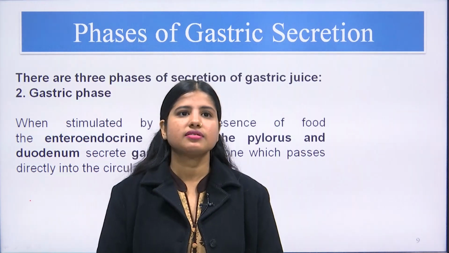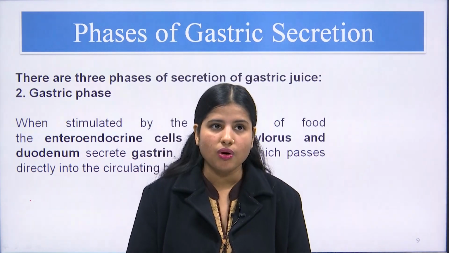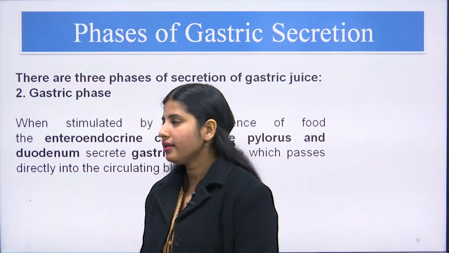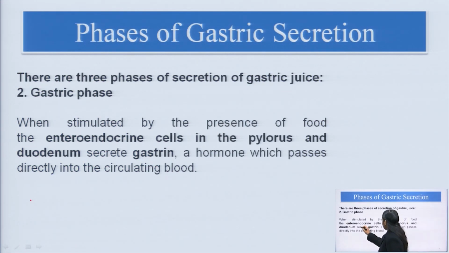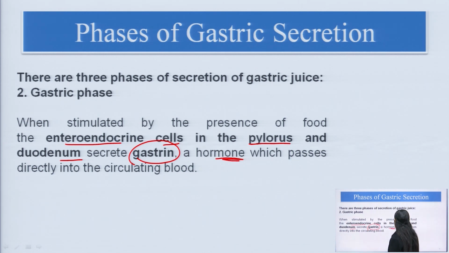The gastric phase is stimulated by the presence of food, and what happens is that the enteroendocrine cells present in the pylorus and duodenum area secrete gastrin, which is a hormone, and that passes directly into the circulating blood.